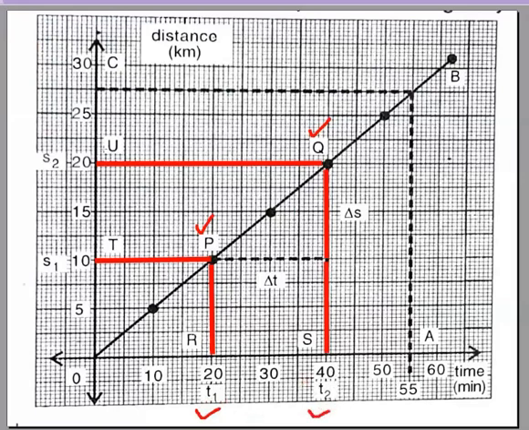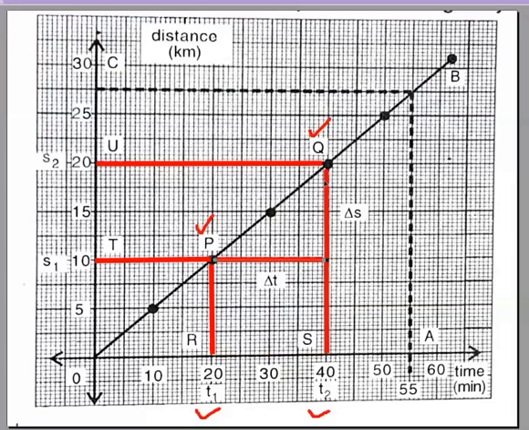So I can say that the time taken to travel this distance is the difference between T1 and T2, that is 40 minus 20, that is 20. So this 20 is actually the change in time.